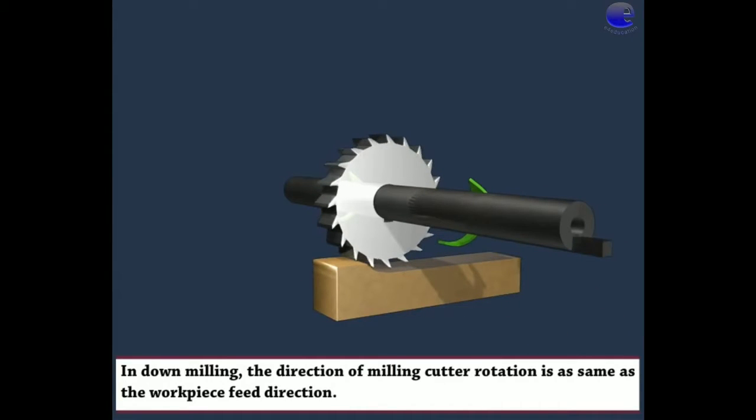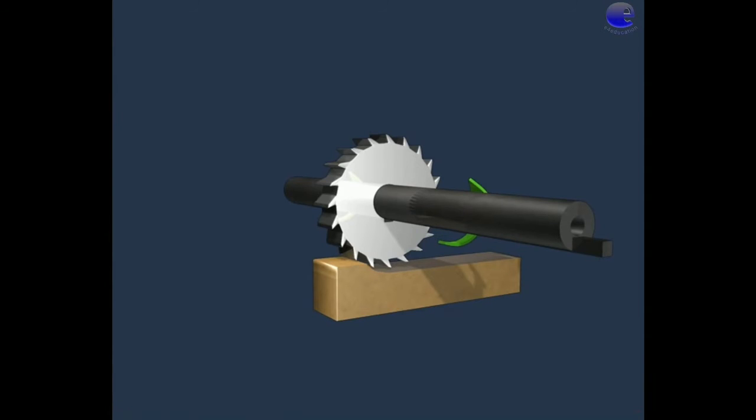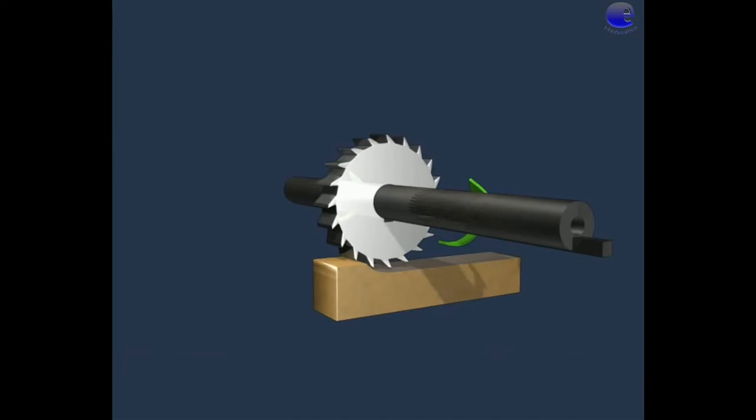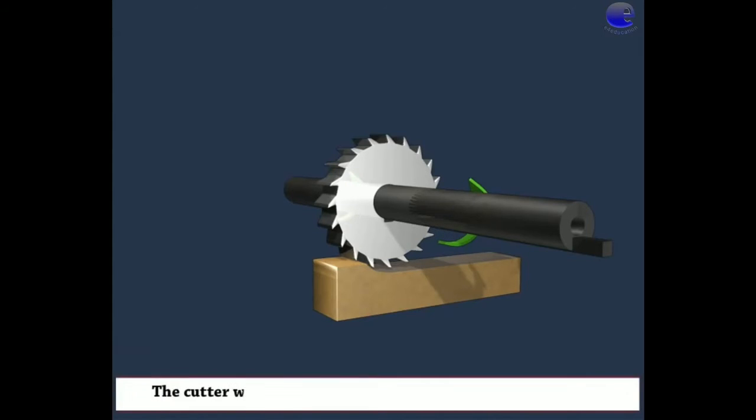It is totally opposite to up milling. The resultant force presses the workpiece against the base. It is also known as a surface finishing process. A cutter with a high rake angle can be used for down milling.